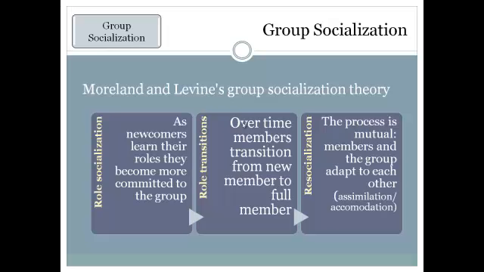That's role socialization, and it also tells us how people can become more estranged from the group as they get towards the end of leaving the group. So in other words, you're socializing into the group, as well as, I guess you could say, unsocializing from the group as you develop on.